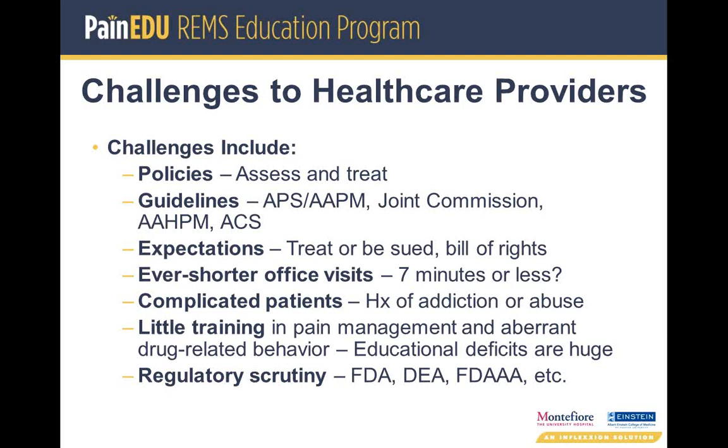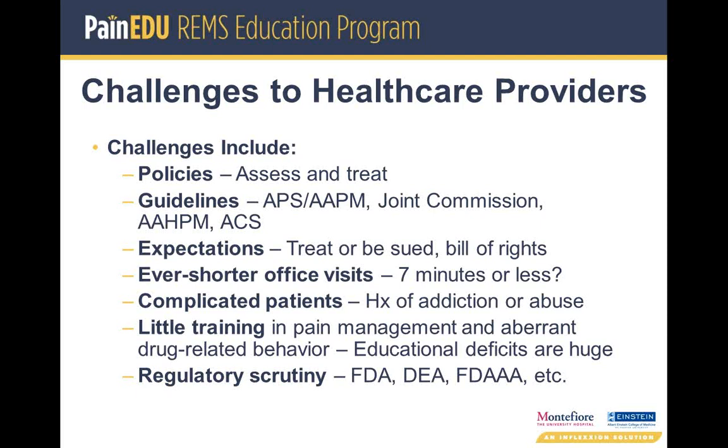Now, from the healthcare provider perspective, a lot of what we've talked about specifically with treating chronic pain, especially with the use of opioids, presents a number of challenges to healthcare providers for sure. From policies that are either regional or institutional or national, or guidelines that come out from a variety of different organizations, such as the joint guidelines that were released from the American Pain Society and the American Academy of Pain Medicine back within the decade of pain control and research for the treatment of chronic non-cancer pain with opioids.